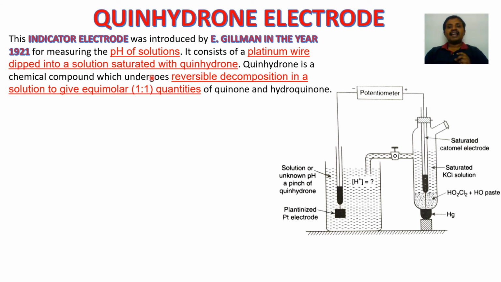It consists of a platinum wire dipped in a solution saturated with quinhydrone, a chemical compound which undergoes reversible decomposition in the solution to give equimolar quantities of quinone and hydroquinone.